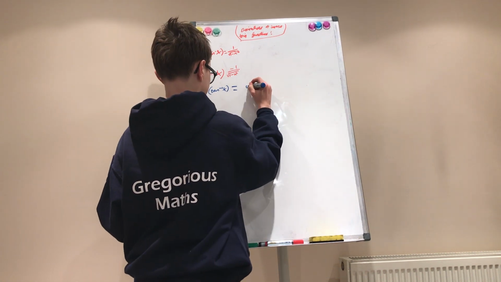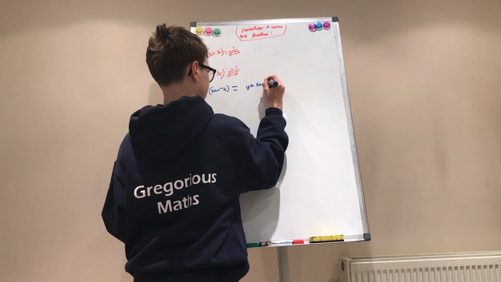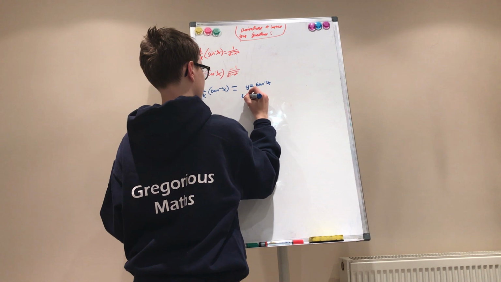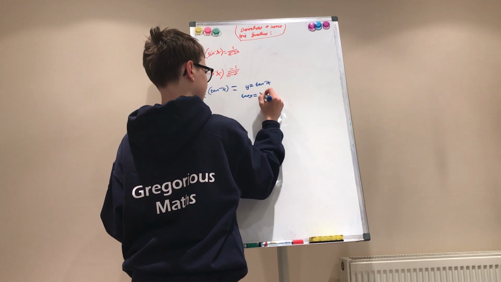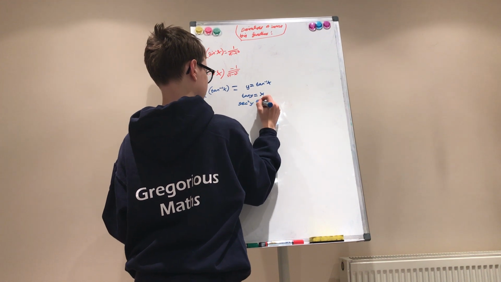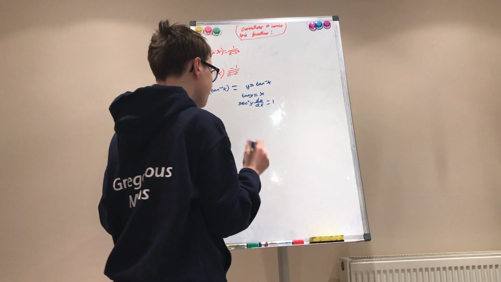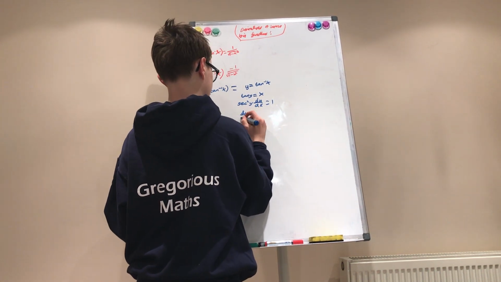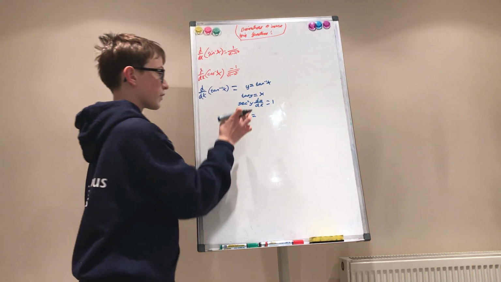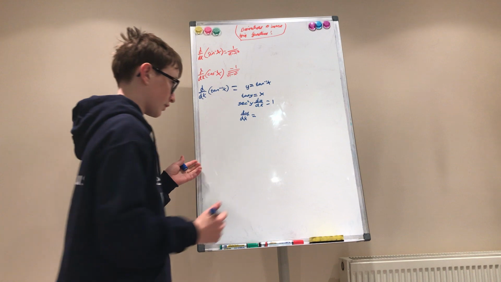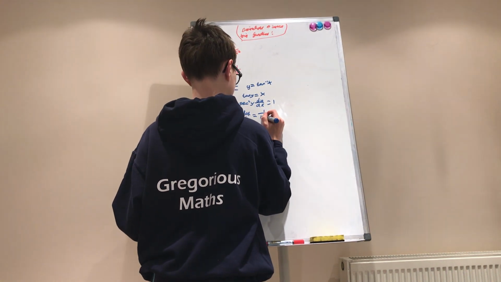Same reasoning. y equals inverse tangent x. Therefore, we're trying to find dy/dx. Tangent y equals x. Differentiating both sides leaves us with secant squared y dy/dx equals 1. Dividing both sides by secant squared y leaves us with dy/dx equals 1 over secant squared y, and secant squared y is 1 plus tangent squared y, which is 1 plus x squared. So that's how I'm going to write it.